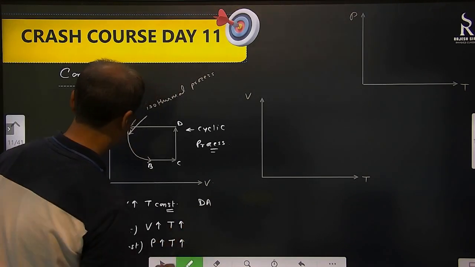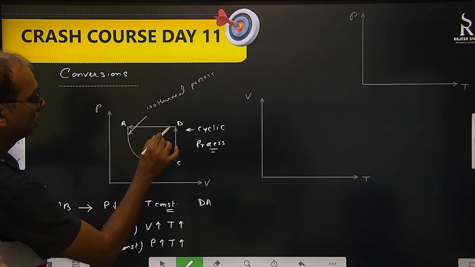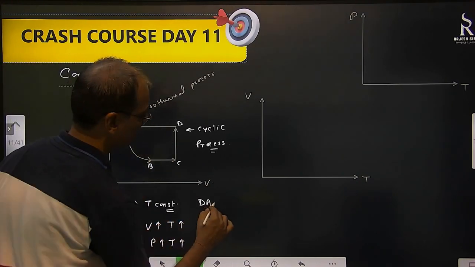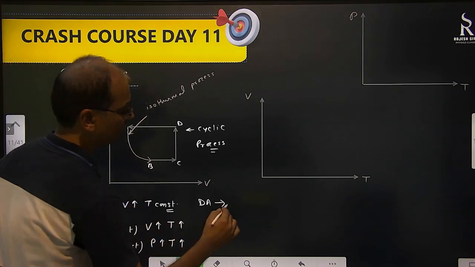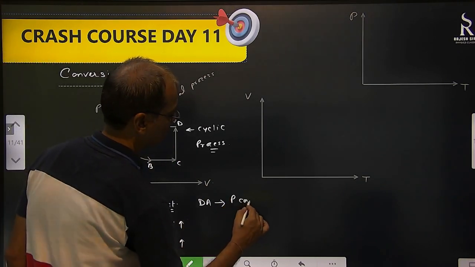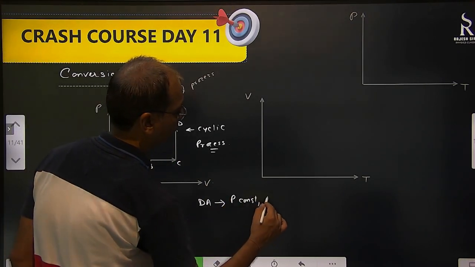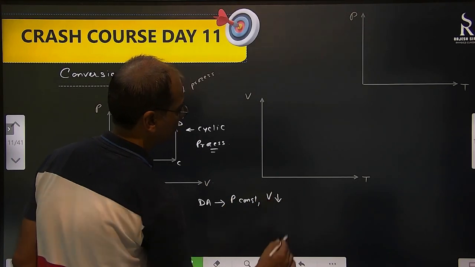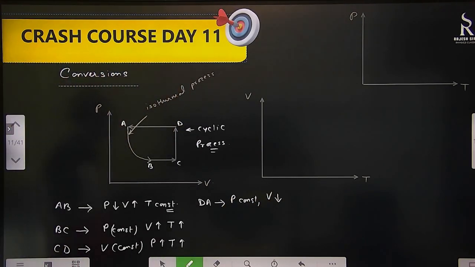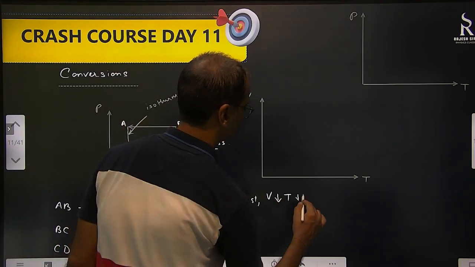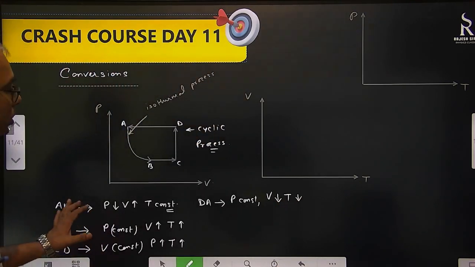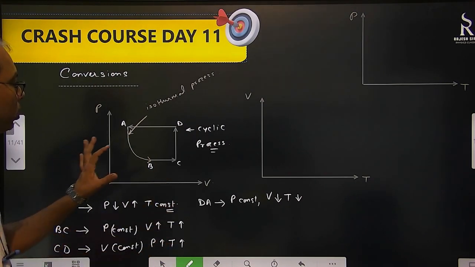Now in DA what's happening? In DA volume is decreasing, pressure is constant, P constant. Volume decreasing means temperature also decreases. This much we can conclude from these processes.